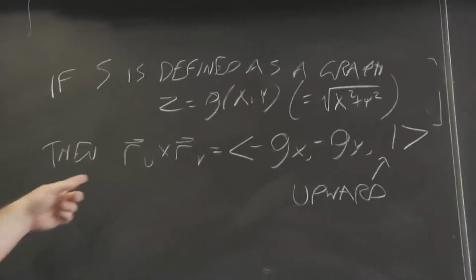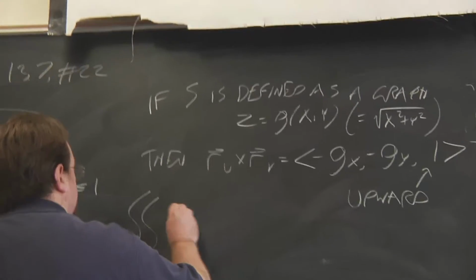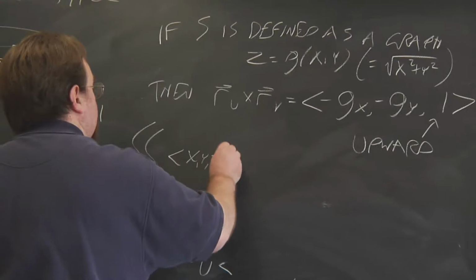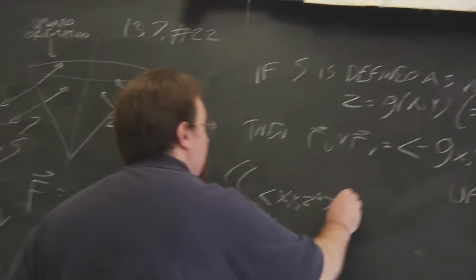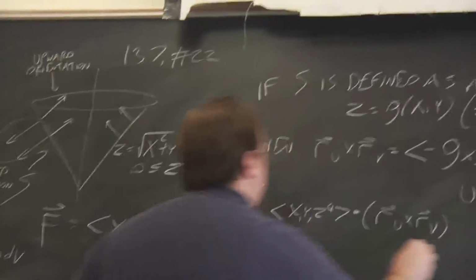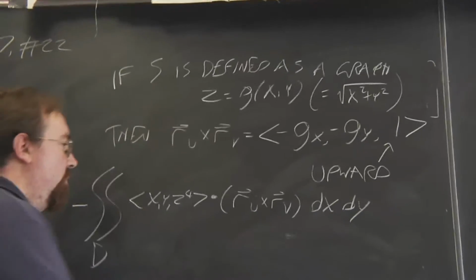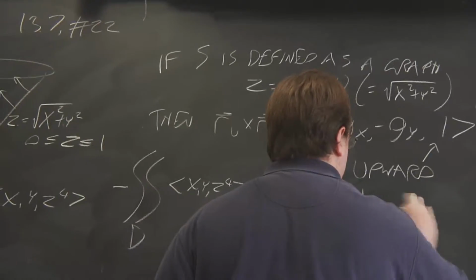So if you went ahead and did it this way, and tried to compute the integral over your parameter space of x, y, z to the fourth, dot product with r_u cross r_v, and then negate it because the problem asks for downward orientation, dx dy, or not dx dy, really it's dA.